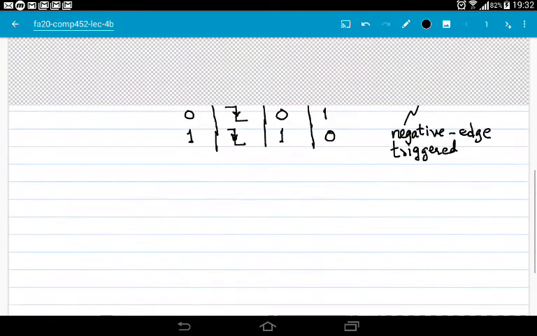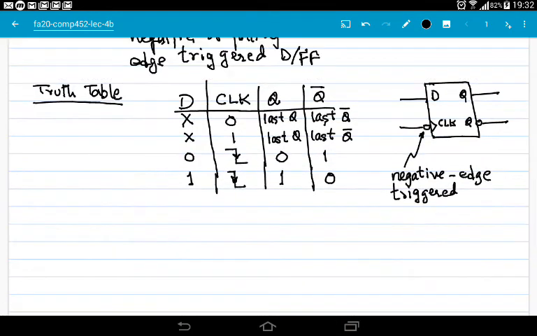So now we want to do one more thing. We want to have an enable input in this flip-flop. Just like we had a control input in the latch, when the control input was 0, there was no change in the state of the latch and the output of the latch, but when control input was 1, the D input propagated to output.